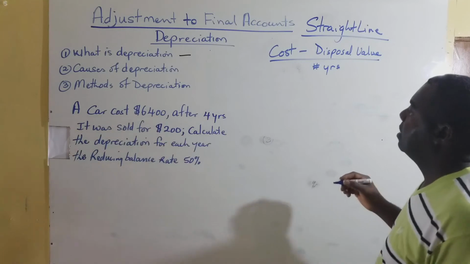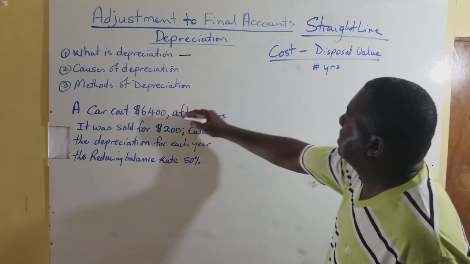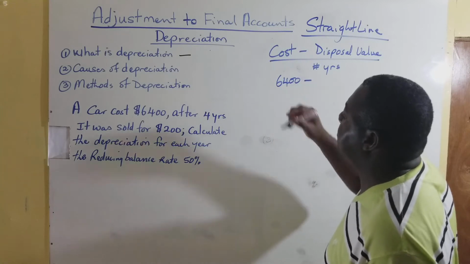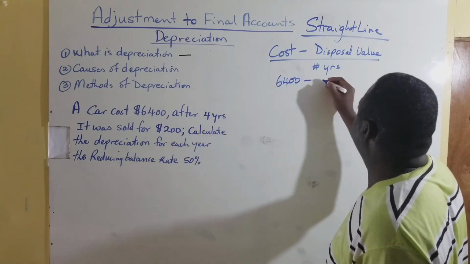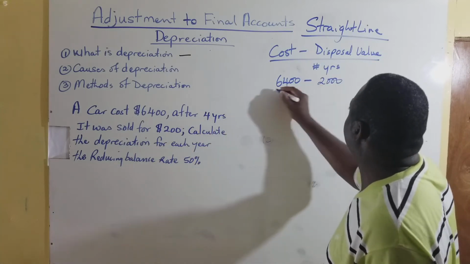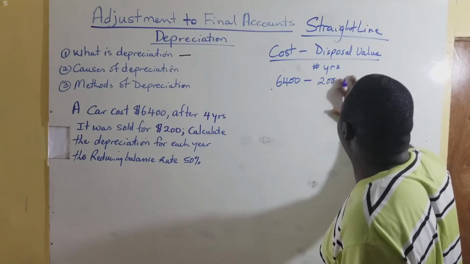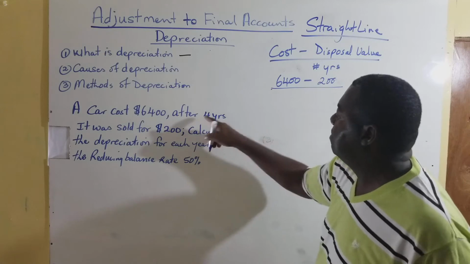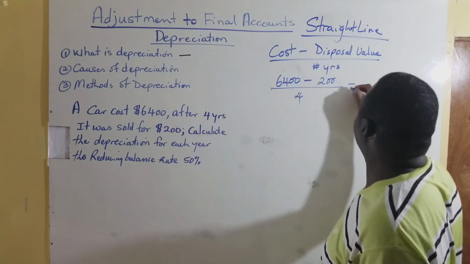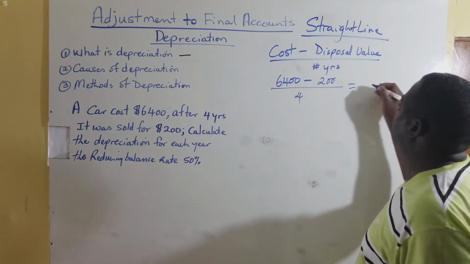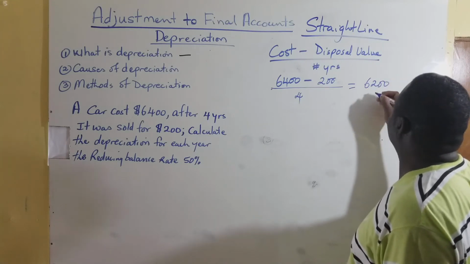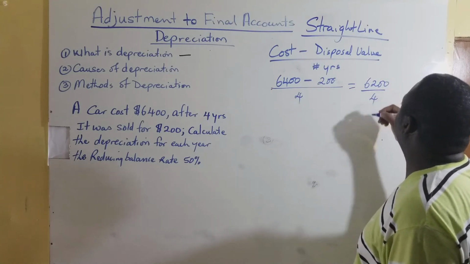Now, the cost is 6,400 minus 200, which is the disposal value, 200, not 2,000, over how many years? 4 years. So when we take that from that, we are going to get 6,200, and we're dividing that by 4.